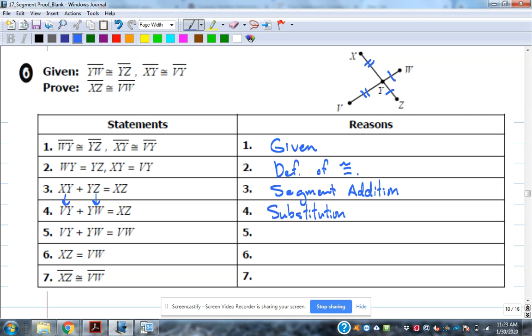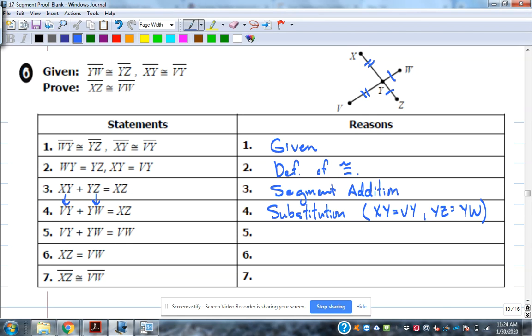Since we have a statement up here that has 2 things in it, so it's just like distributed. Yeah, that's kind of the idea. Substitution, we're substituting XY equals VY and YZ equals YW. Those are the things we substituted.